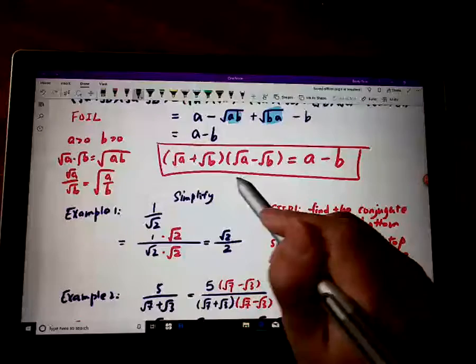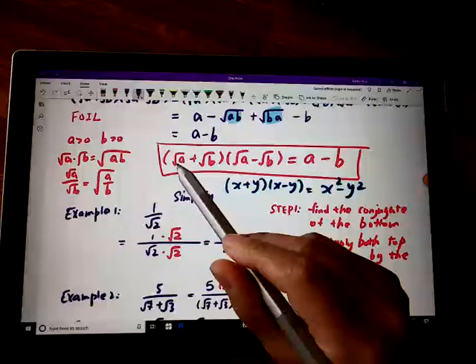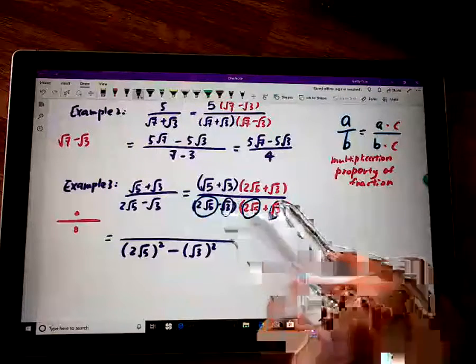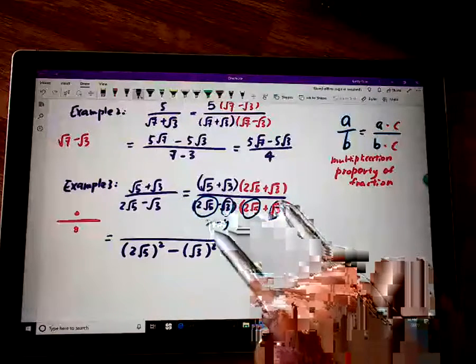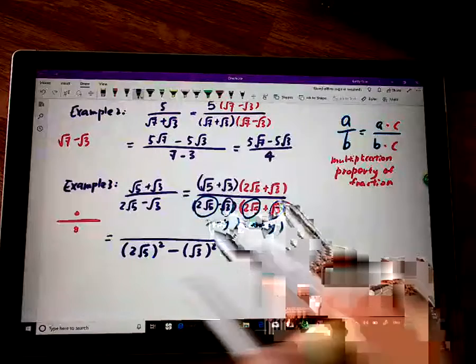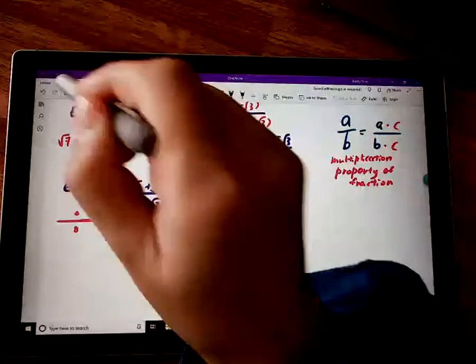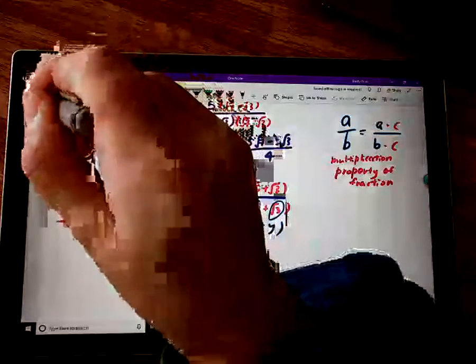Say x is root a, and this is the y. You have x minus y times x plus y. By the formula, you have x squared minus y squared. Is that clear? Let me erase that.